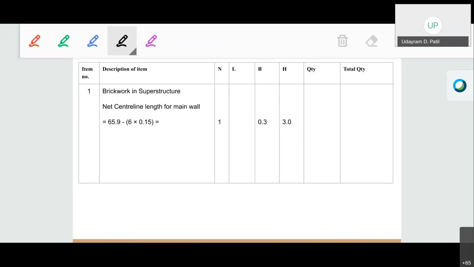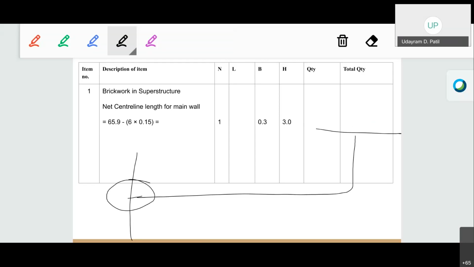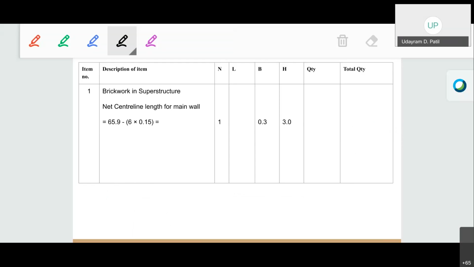Now again for the front veranda and back veranda, the width of the item for the main wall coincides with the level of the particular secondary wall. So for the front veranda, at the junctions with the main walls, for this particular junction and this particular junction, we are going to deduct half of the 0.3, that is 0.15 and 0.15.